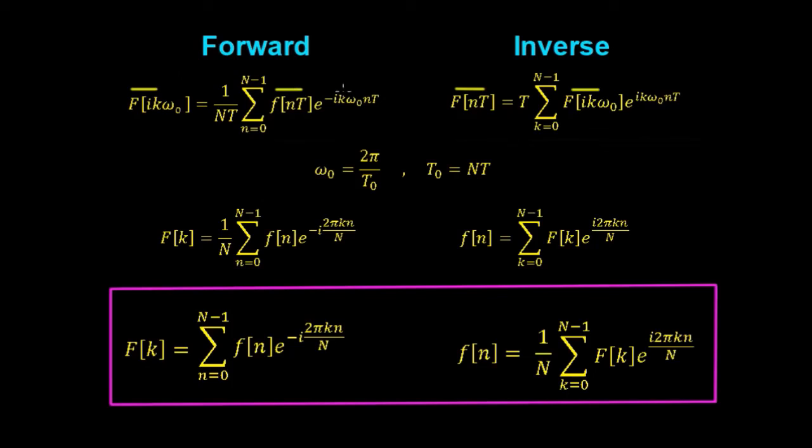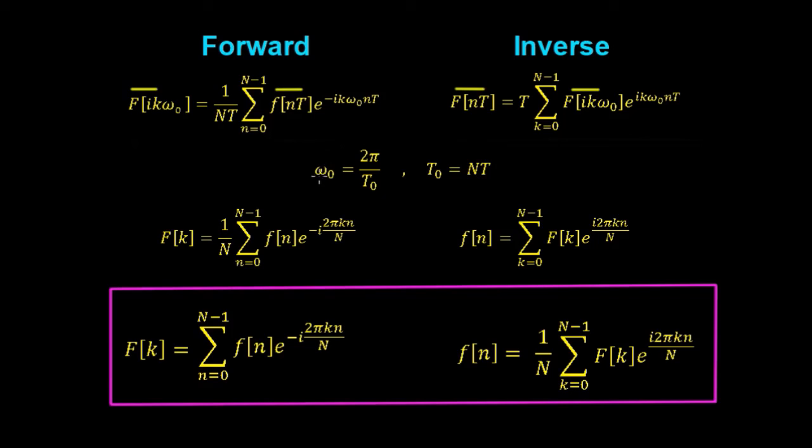So these are the forward and inverse transforms that we've derived through this video, but we're going to simplify them now. First of all, this i k omega naught can be replaced simply by the f of k, and the nT can be replaced by n, because the k defines the actual samples in the frequency domain, and the n defines the sample in the time domain.